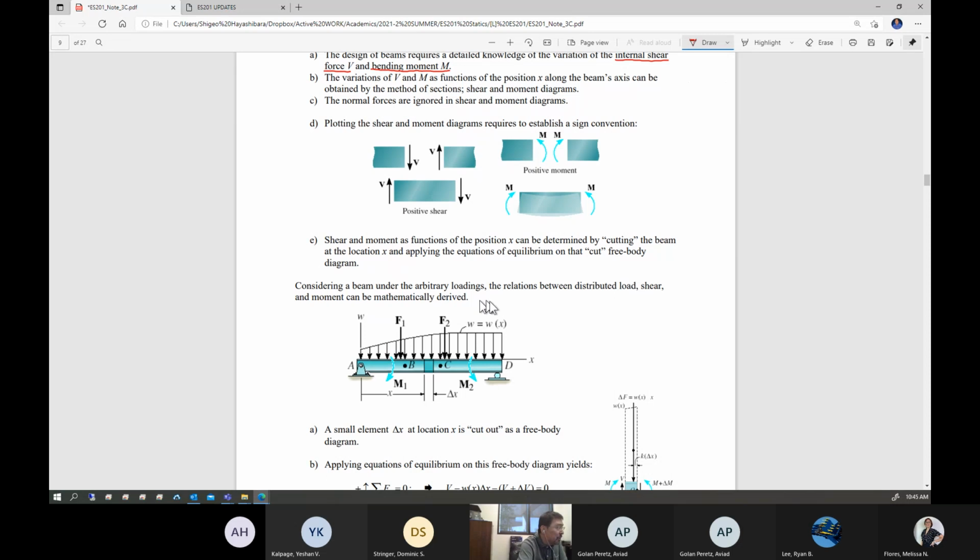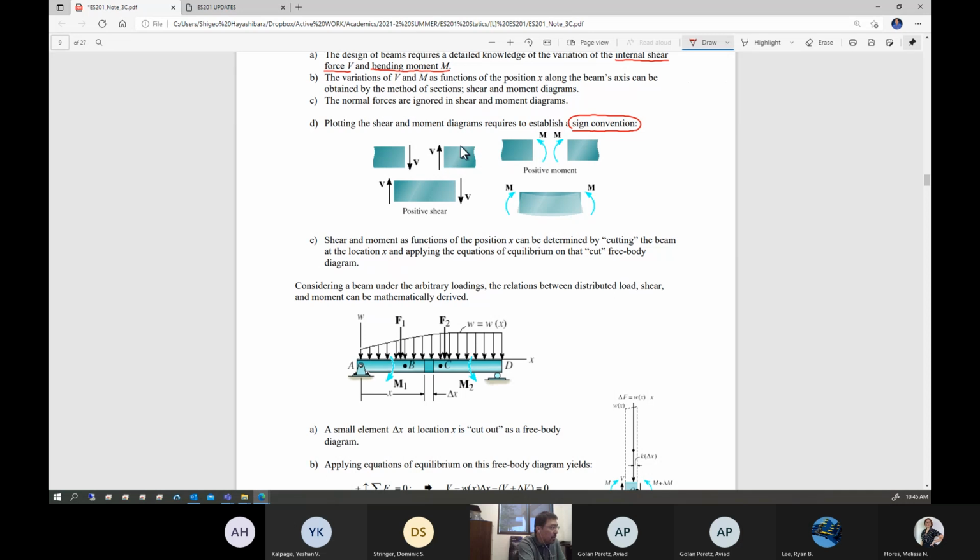Okay, it's quite important. So when you start plotting shear and moment diagrams, you have to introduce a sign convention. This is very important. I already mentioned it a little bit, but if you introduce a virtual cut to the right-hand side of your beam structure, this is the positive direction of shear.